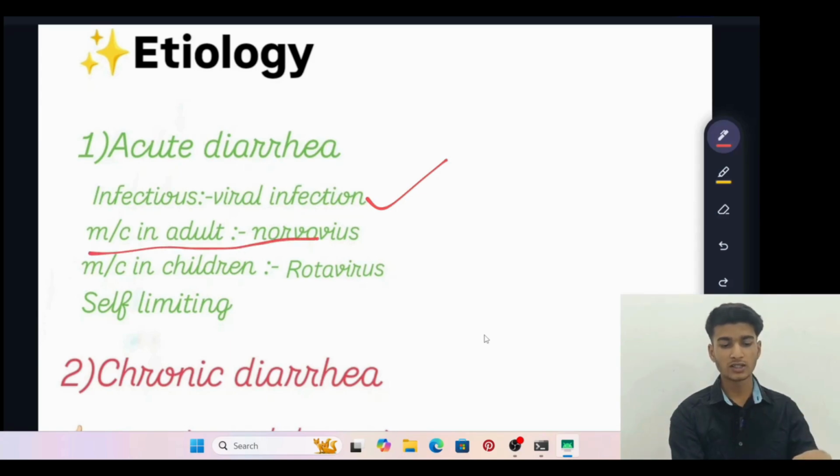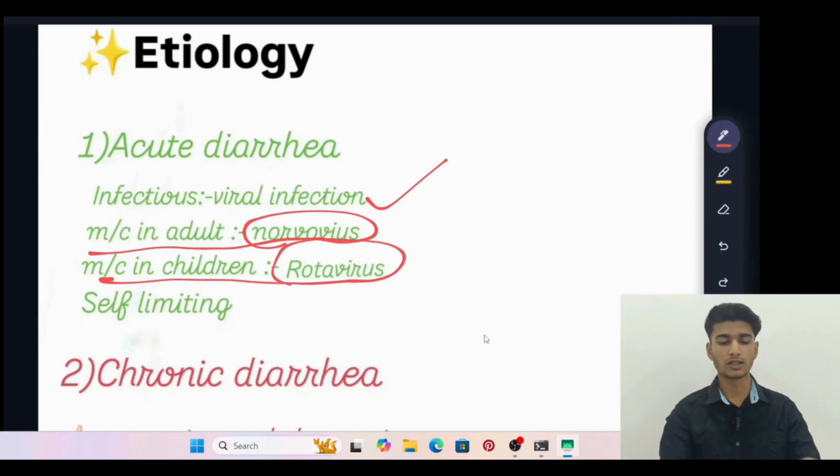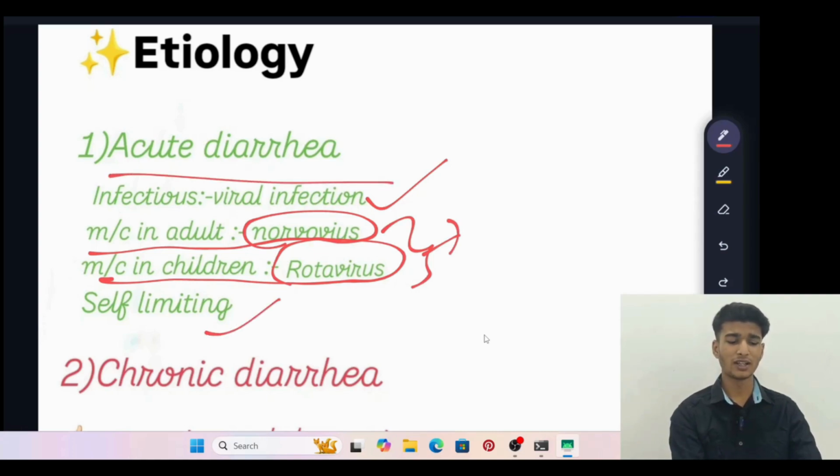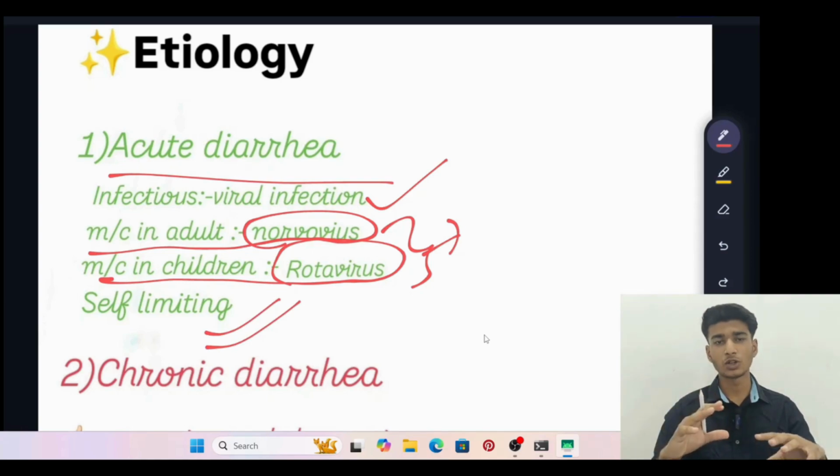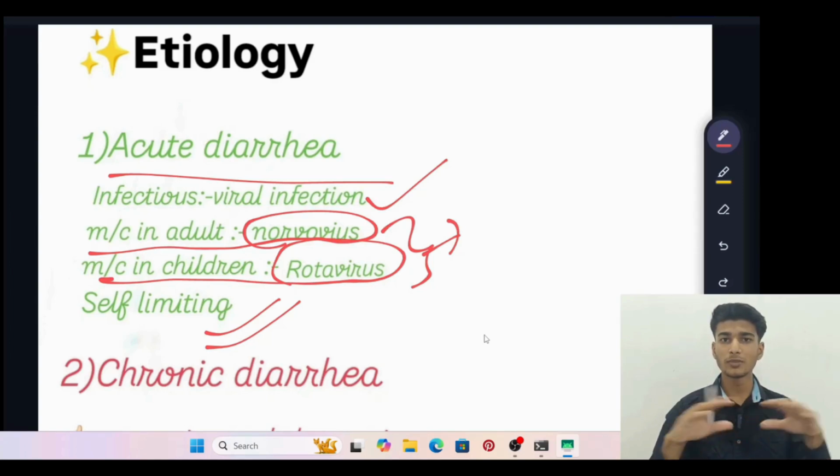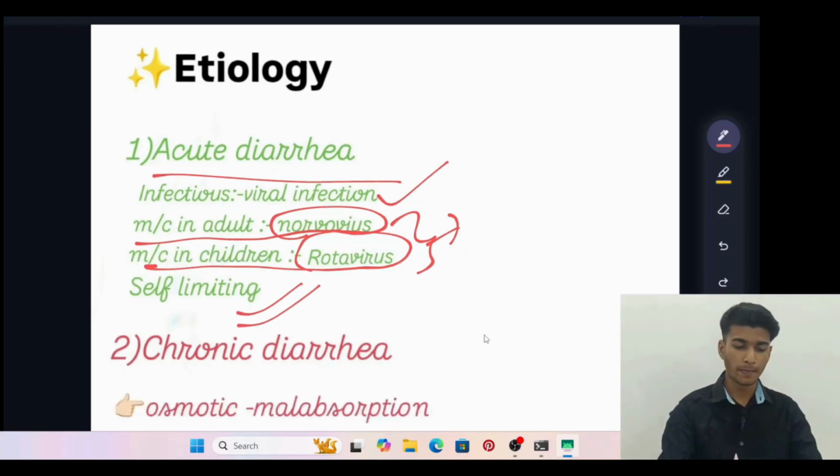The most common cause in adults is norovirus, and in children it is rotavirus. These are the viruses which infect an individual. And this acute diarrhea is self-limiting. What do you mean by self-limiting? Self-limiting means the symptoms will disappear within 2 weeks.